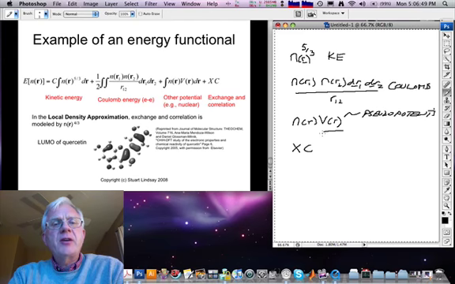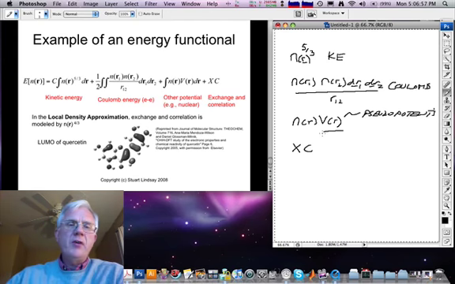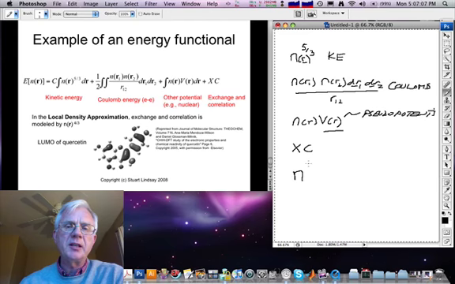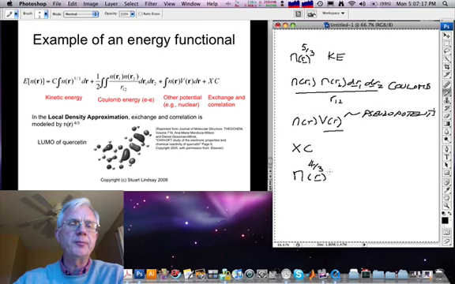Then there are effects that are not included in any of these results derived from the free electron gas, and they're lumped into this term too. In this case, I'm showing you one very simple approximation to this. Debye showed many years ago that for a free electron gas of uniform density, exchange and correlation terms could be represented by the density to the 4/3, and in this functional it's replaced now with just a function of position.